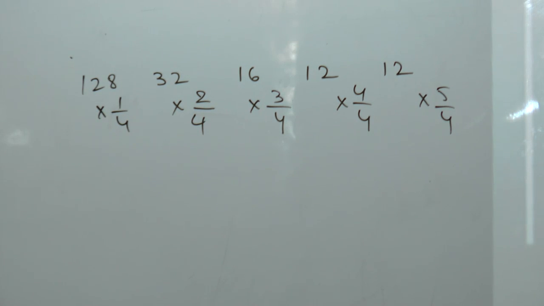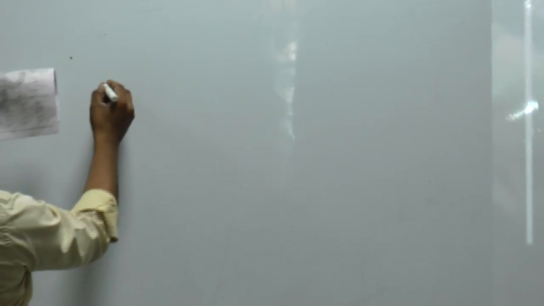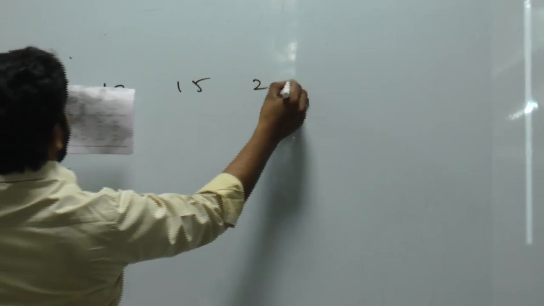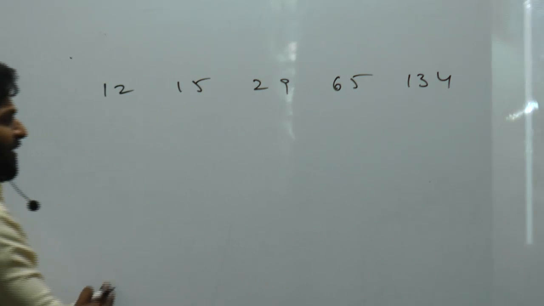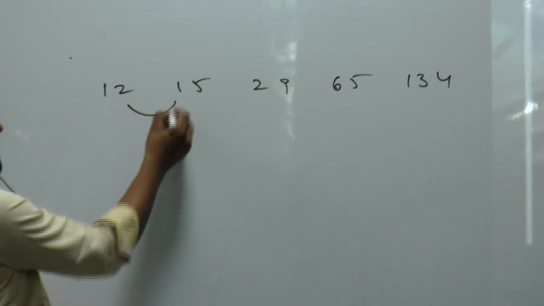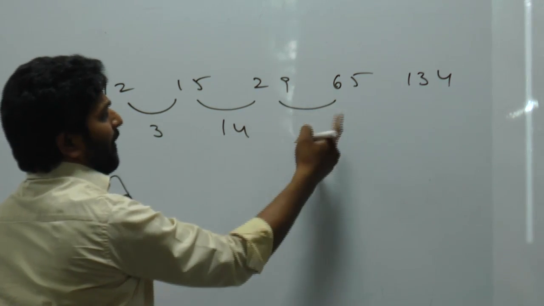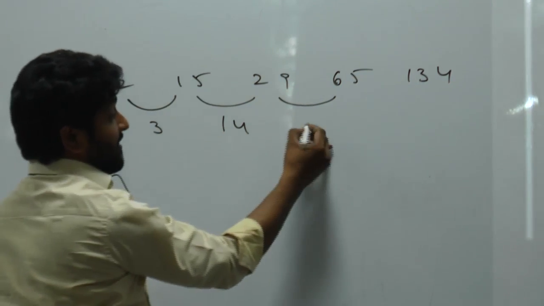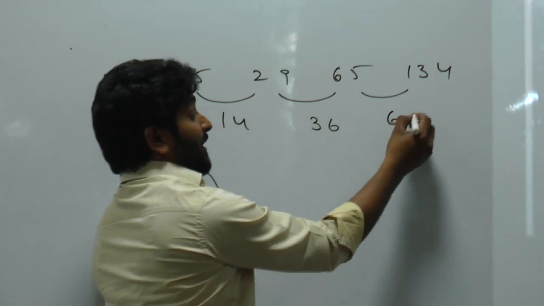Next. Someone asked 60. What is this? 12, 15, 29, 65, 134. I think difference 3, 14, 30, 36 and here it is 69.